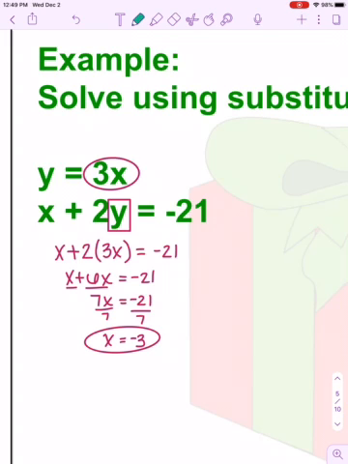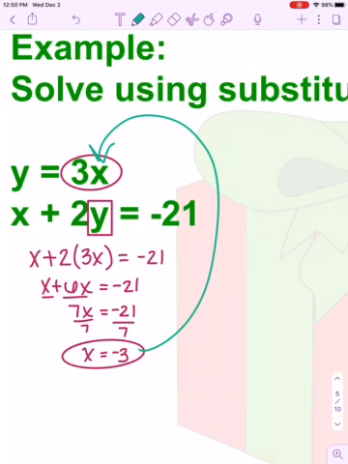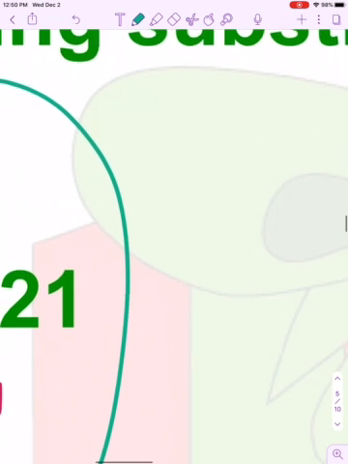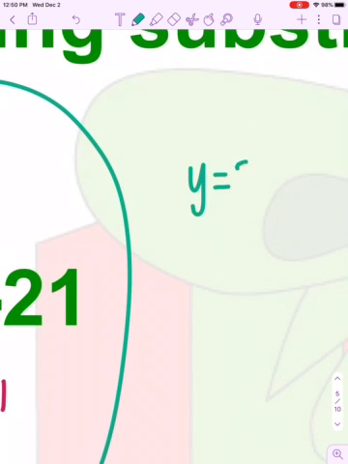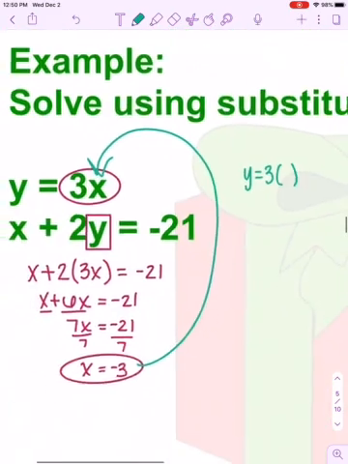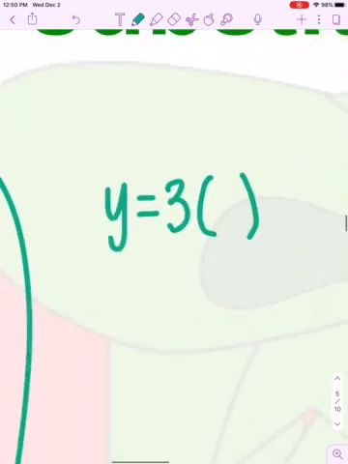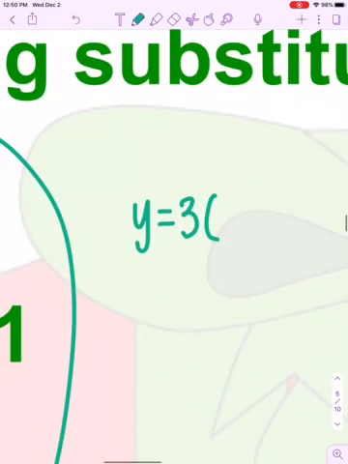So I'm going to plug that back into one of the original equations, and it doesn't matter which one I plug it into. However, it's going to be easiest to plug it into the first equation because the first equation already has y by itself, and I'm trying to find y. So y equals 3, and now I'm substituting the x with what I know x is, which is negative 3.